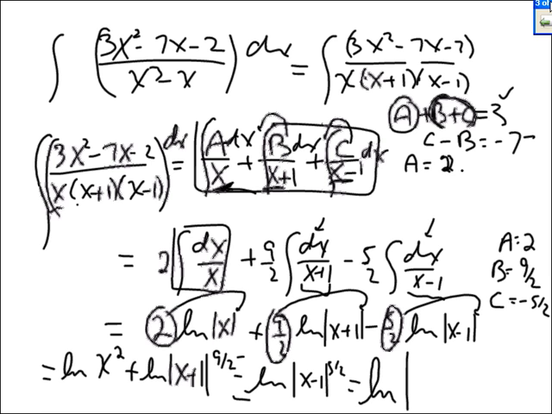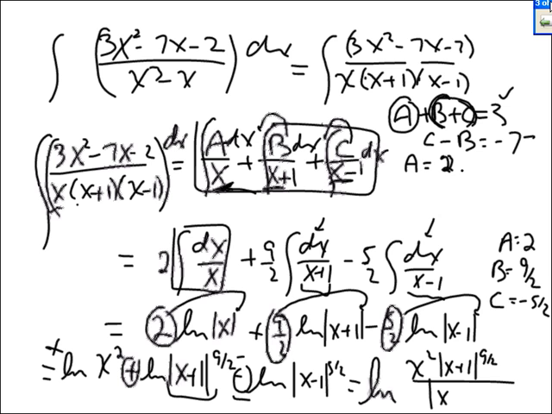Since there's an understood plus in front, the x squared goes on the top. I didn't mean to put a bar there. Since there's a plus in front, x plus 1 in absolute values to the 9/2 goes on the top. Since there's a minus here, the absolute value of x minus 1 to the 5/2 goes on the bottom, plus c. This is ln of what's in those big brackets, plus c.